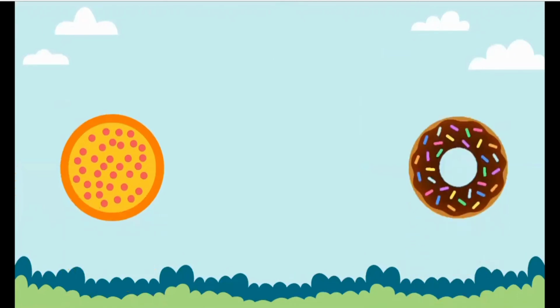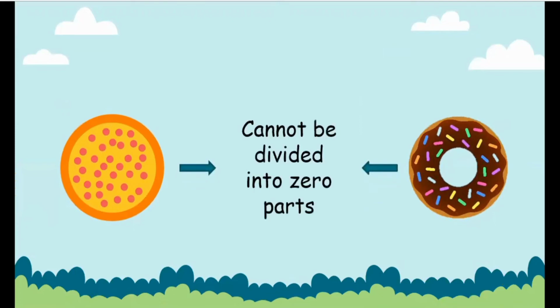Denominator is the total number of equal parts in which the whole is divided, right? But if we cannot divide anything into 0 parts, we cannot give any part to anyone, and hence the denominator of a fraction can never be 0. This is one of the golden rules of the mathematics.